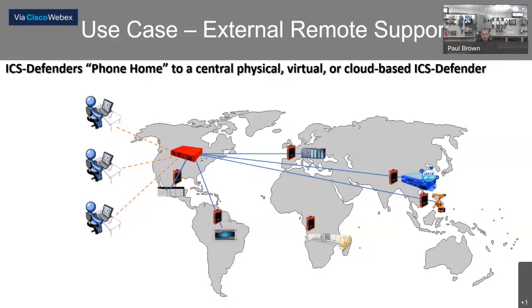So it's all controlled and secure, and you can have either your own workers working from home, or you can have a vendor call in and support in a secure manner throughout the globe.